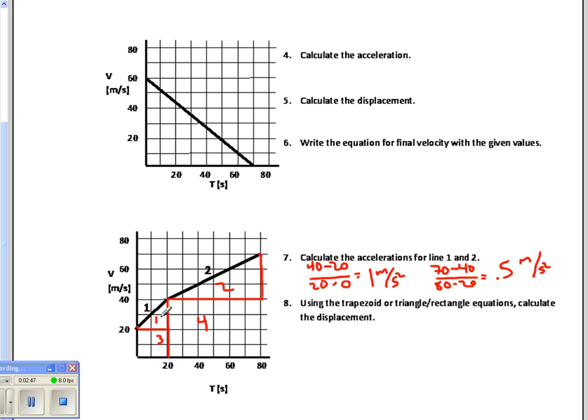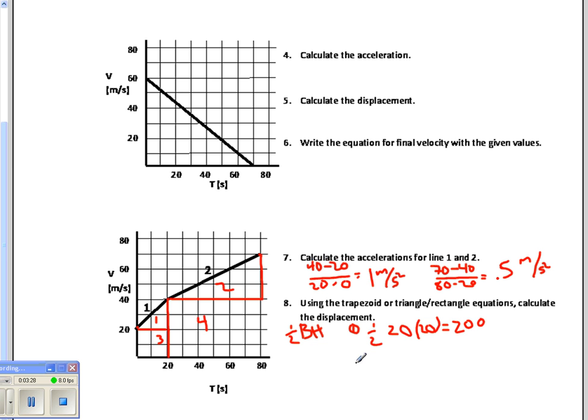Okay, so for my 2 triangles, it's going to be 1/2 base times height. For area number 1, my base was 0 to 20 and my height was 20 to 40. So I'll have 1/2 times 20 times 20, and my area is going to be 200.